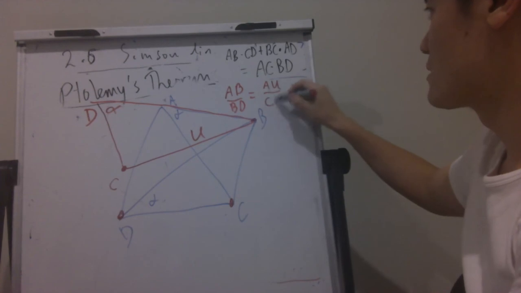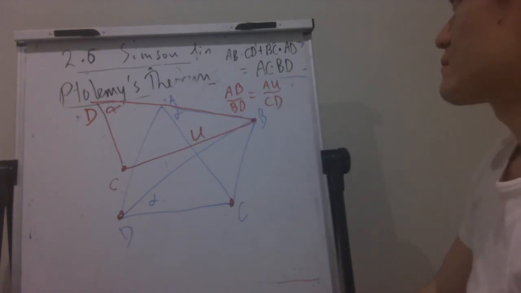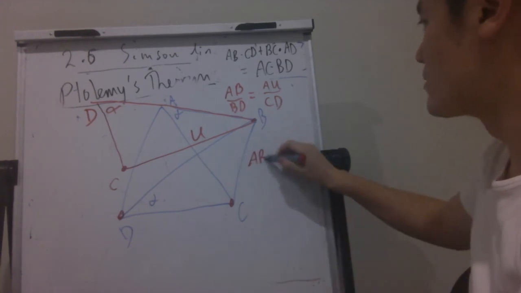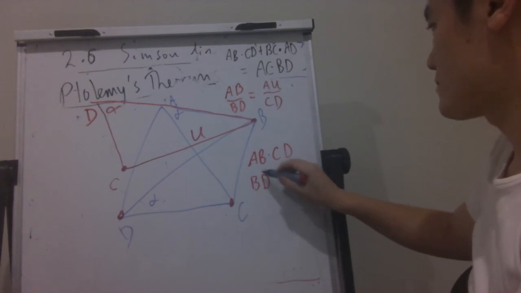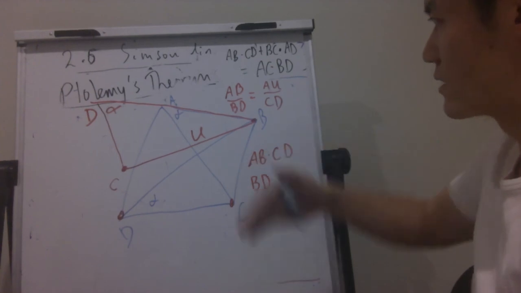Is that right? Yes. So then AB times CD is equal to BD times AU. And then you use the other side of the triangle, and you can move it to the other side as well.